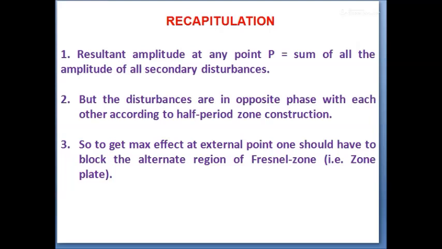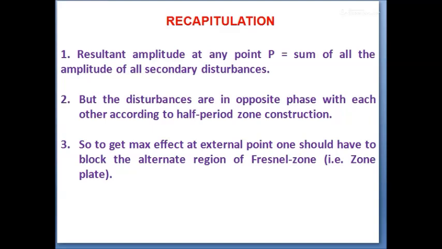And as a recapitulation, we already learned that the resultant amplitude at any external point P is the sum of the amplitudes of all secondary disturbances, and the disturbances are coming from different zones. They are successively of opposite phase to each other because all the zones are divided into half of the period.